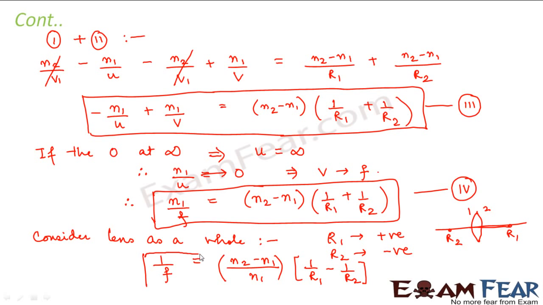So this is known as the lens maker formula. This expression relates the focal length of the lens with the refractive indices of the two media and the radii of curvature of the two surfaces forming the lens. 1 by F is equal to N2 minus N1 divided by N1 into 1 by R1 minus 1 by R2.